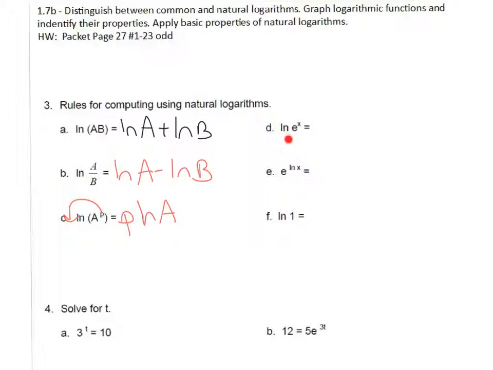Because the base of ln and this base e are the same, we get just the exponent of x. The same thing works for e to the power of ln x, because it is the same base as e. We get just that x. Now f is saying e to what power is 1? That is 0. Anything to the 0 is 1.